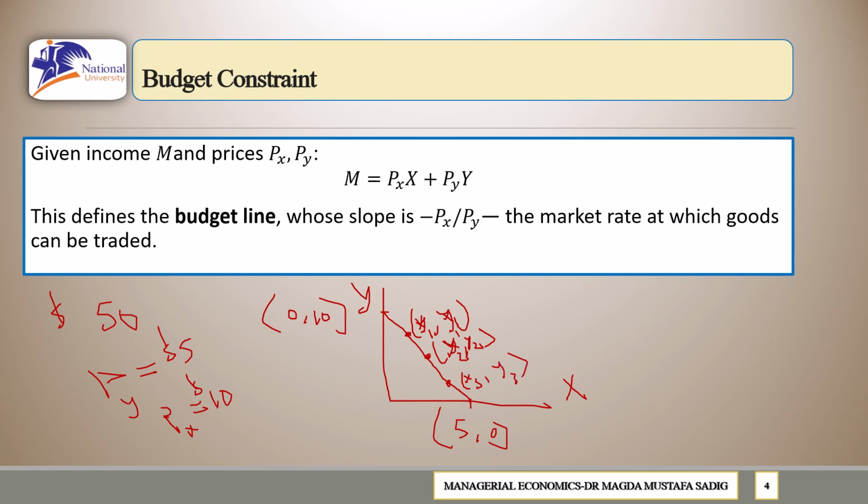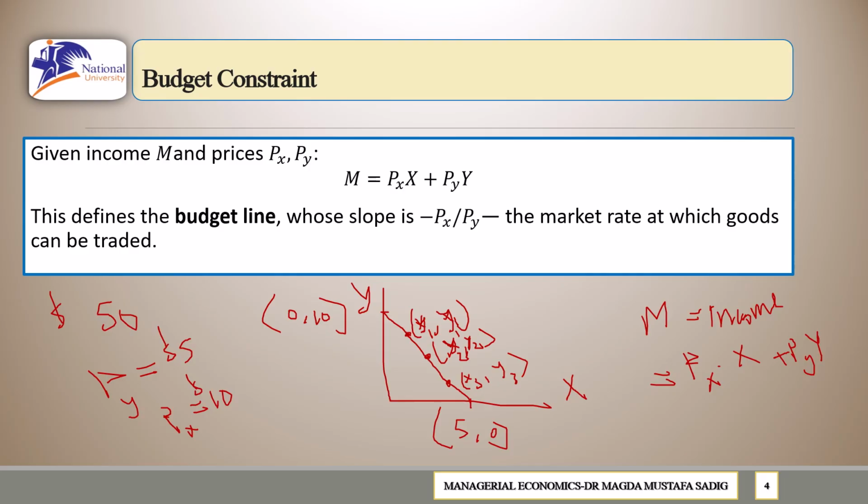So this is the budget line, and the equation for the budget line will be M, which stands for income, equals the price per unit of X multiplied by the quantities purchased of X plus the price per unit of Y multiplied by the amounts purchased of Y.